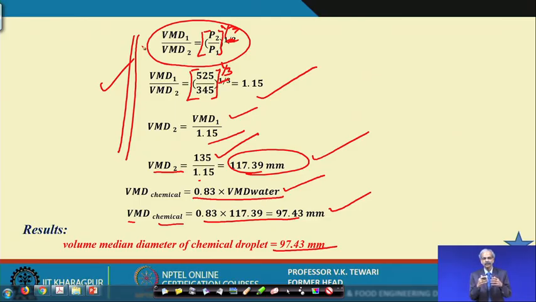Of course, as we see in one of the problems, you need to remember some of these empirical equations which have been developed by the researchers. So, with these 4 problems we have tried to enhance your knowledge related to this.